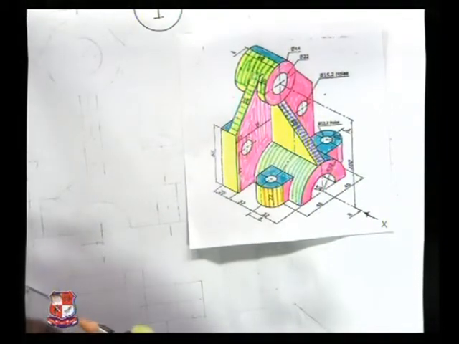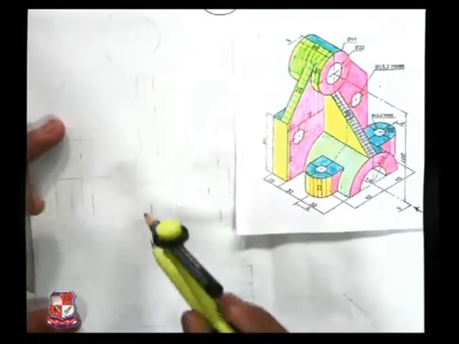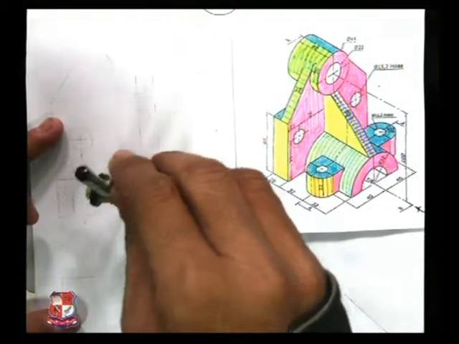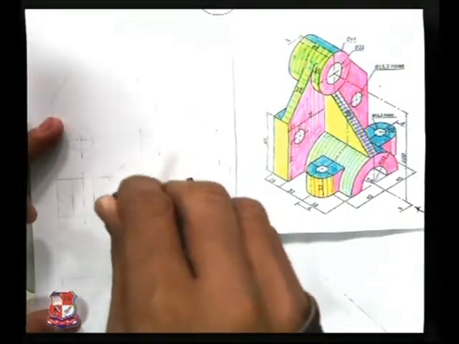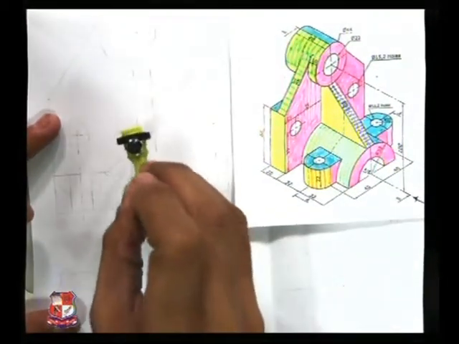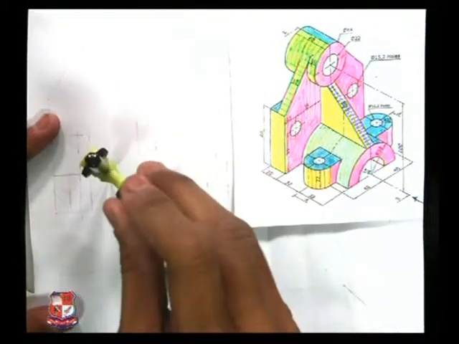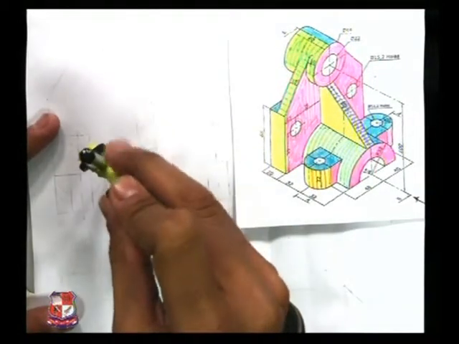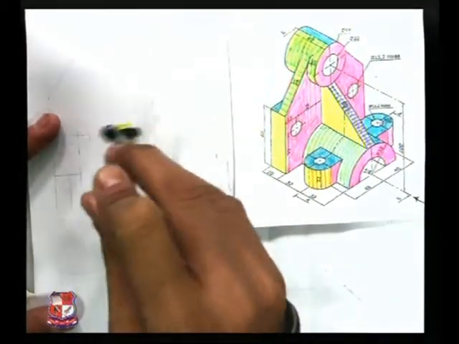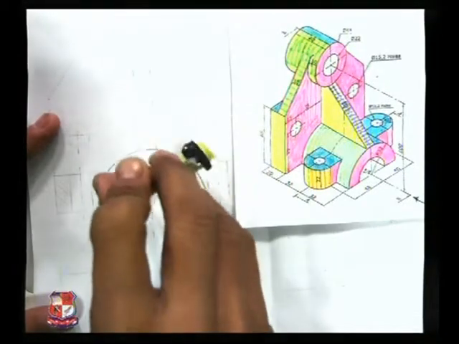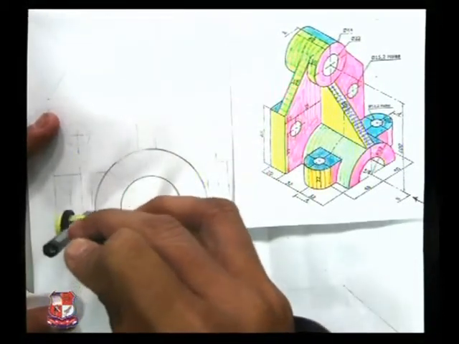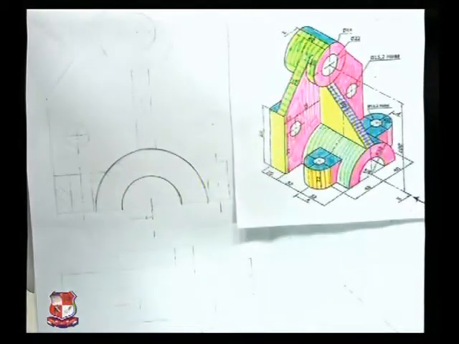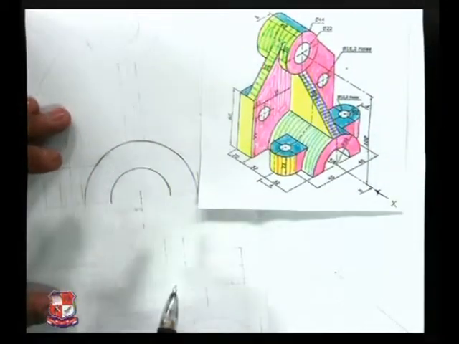The inside radius is 18 millimeter, so here we draw an arc having 18 millimeter radius over here, and then the radius of the outside circle is given to us, this one, that is 32 millimeter. Hence take 32 millimeter as a radius and draw an arc like this. So these two arcs represent the half cylinder, which is here, this pink colored portion.